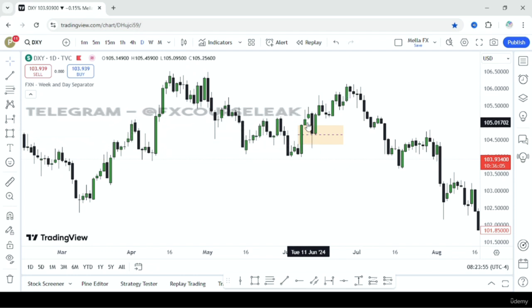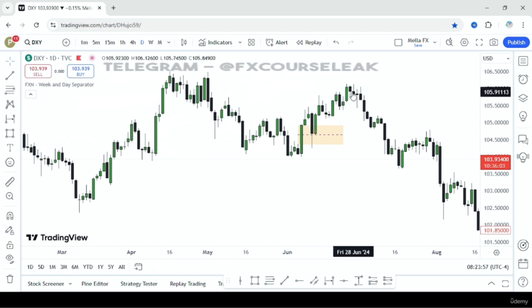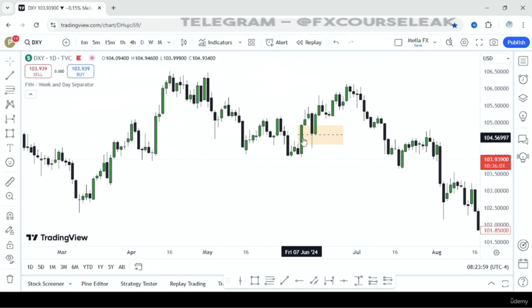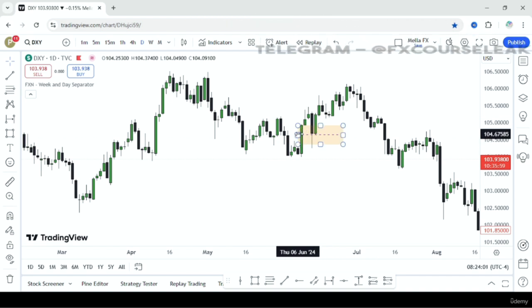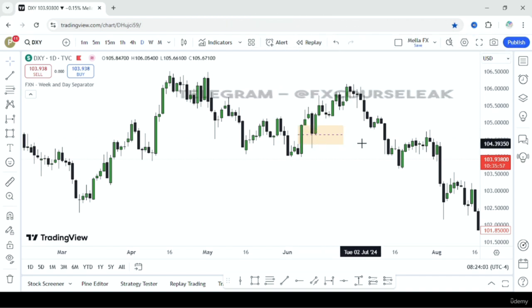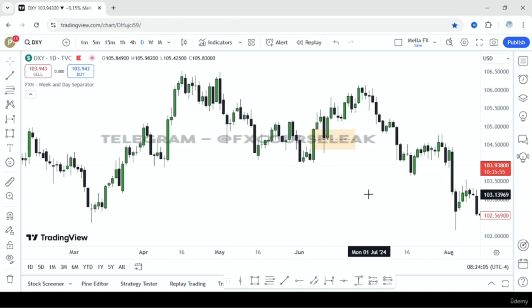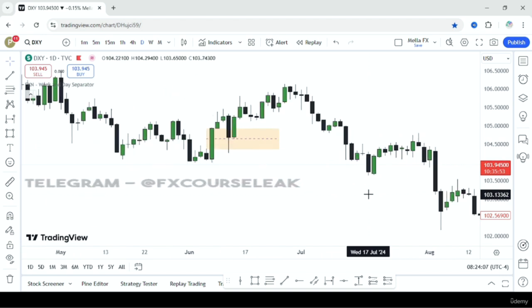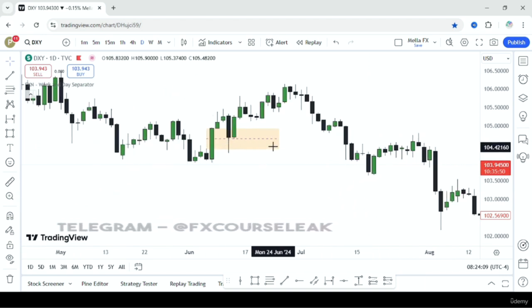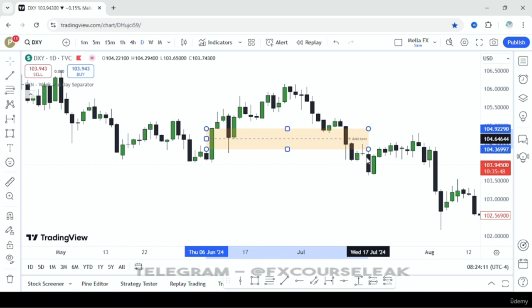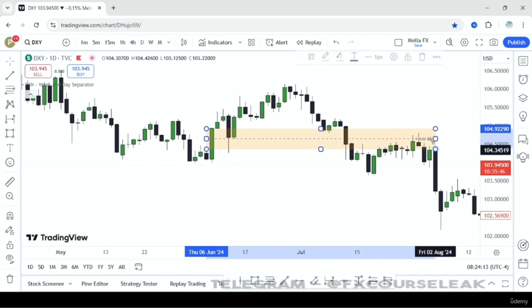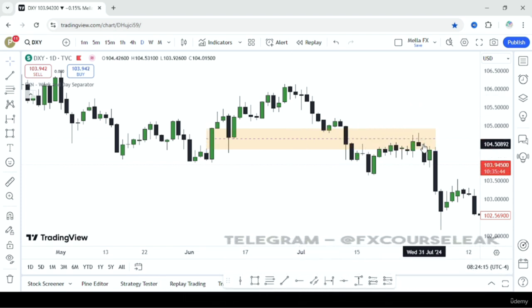It pushed the market further away from this point, and we moved higher. Then another thing I wanted to show you is that later on the same fair value gap was also retested, and it acted as a resistance.